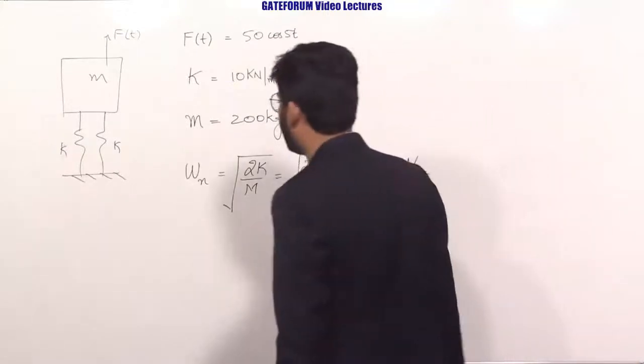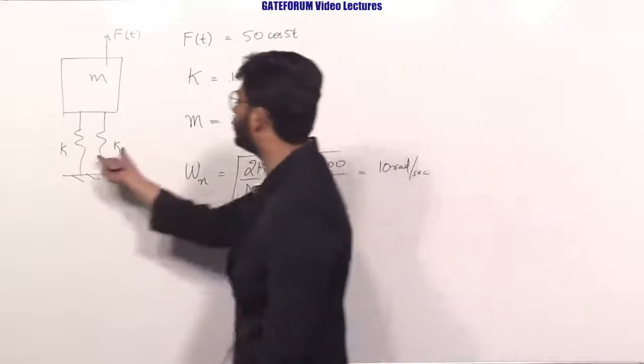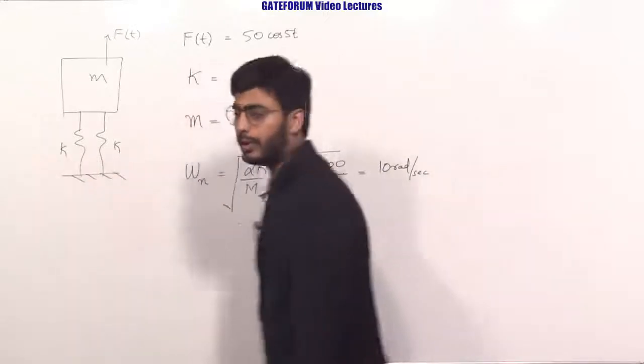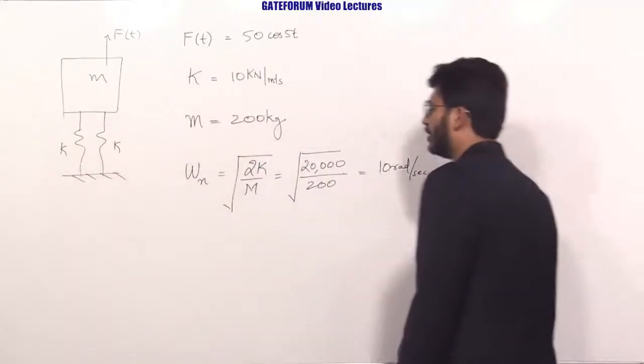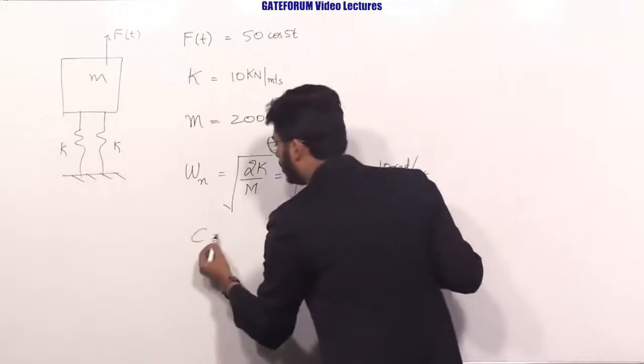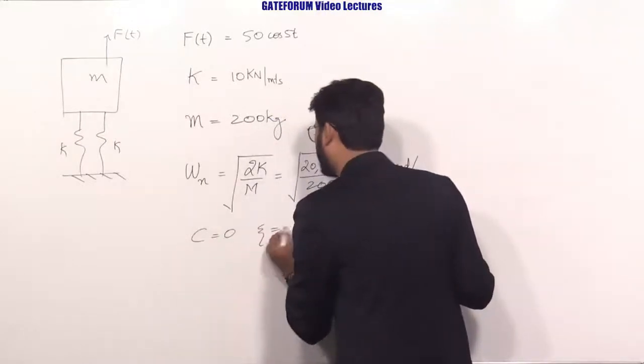Next he is asking you to calculate the force transmitted to each mount. Here the damping is 0, so the damping factor is also equal to 0.